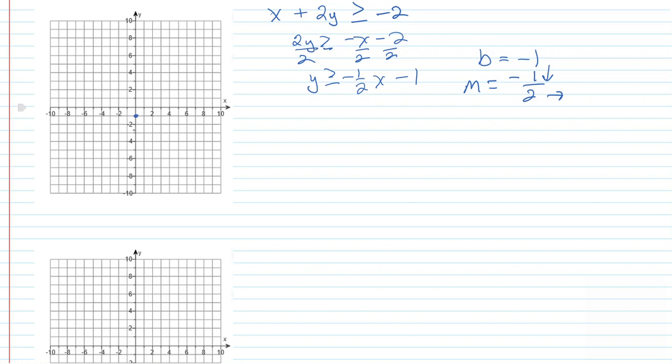And I'm going to go down 1/2, down 1/2. I'm going to take my line and go from here to there. Yeah, it's pretty close. I can see that 0, 0 is free.